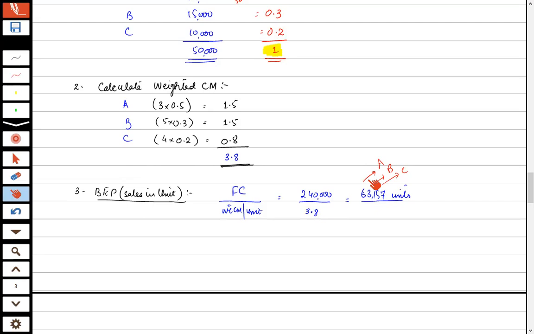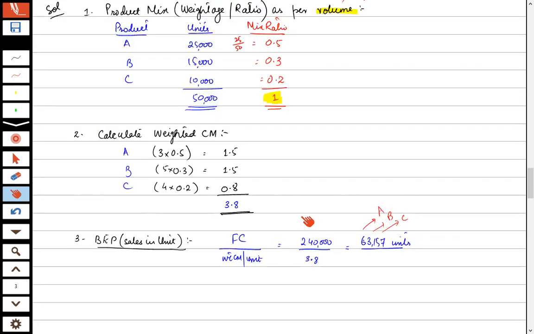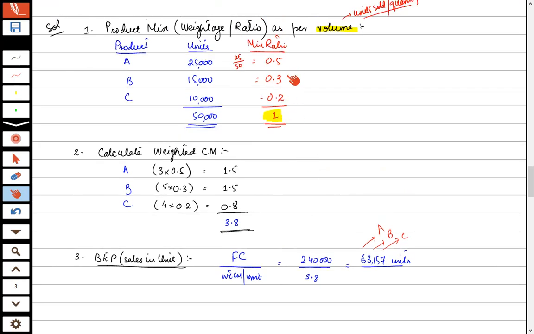How will it be determined? We will break this total break even units again into the mix ratio. Then it will give us the individual units to be sold to achieve the break even. Got it?